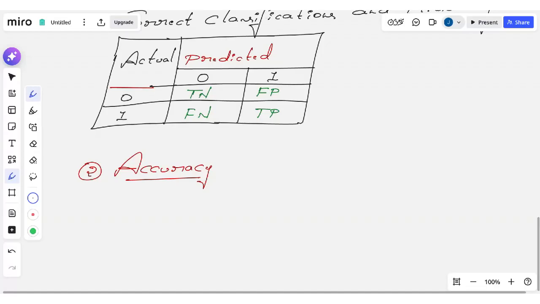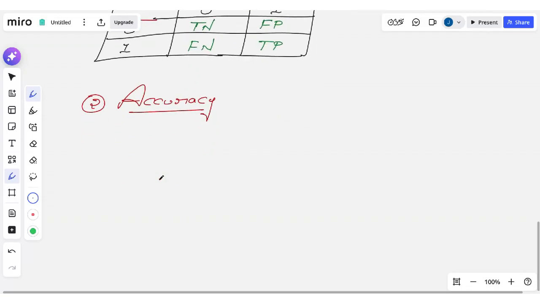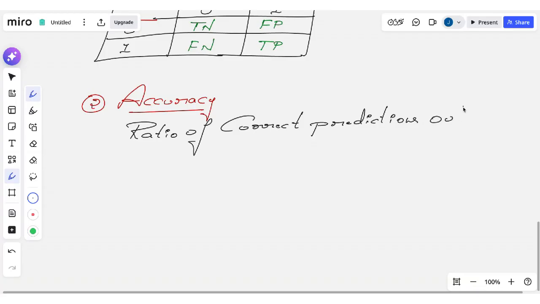It's a ratio of correct predictions out of all the predictions.